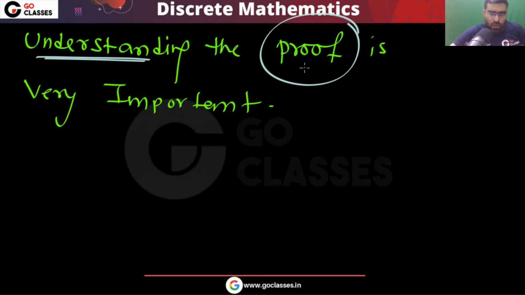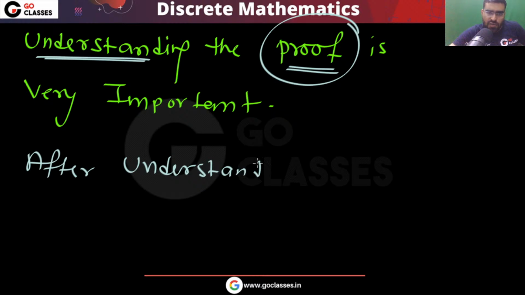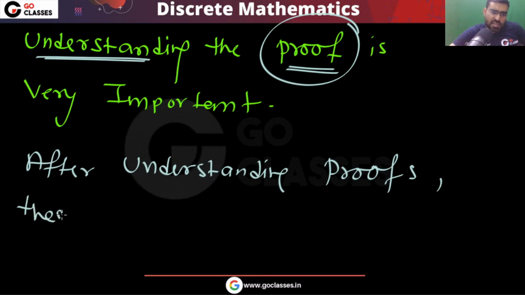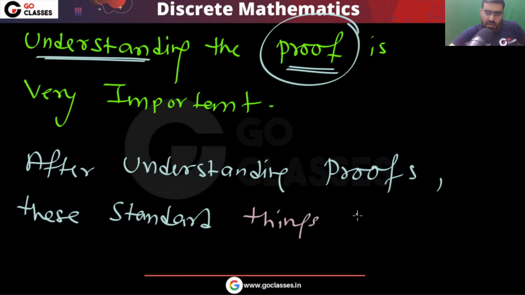If you understood the proof, then after understanding the proof, you can remember these things also. These standard things must be remembered also.